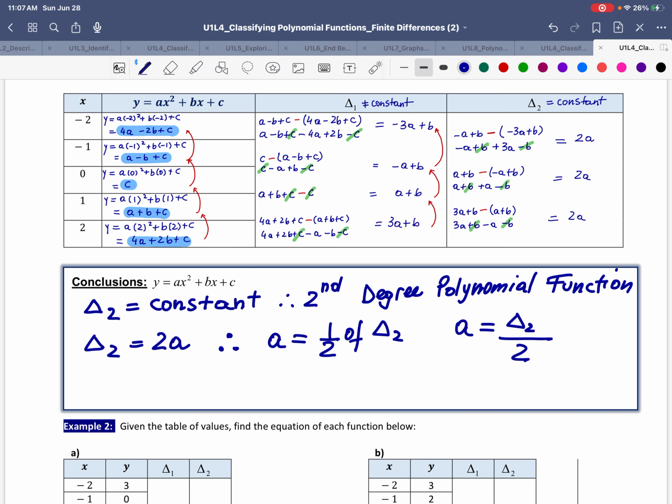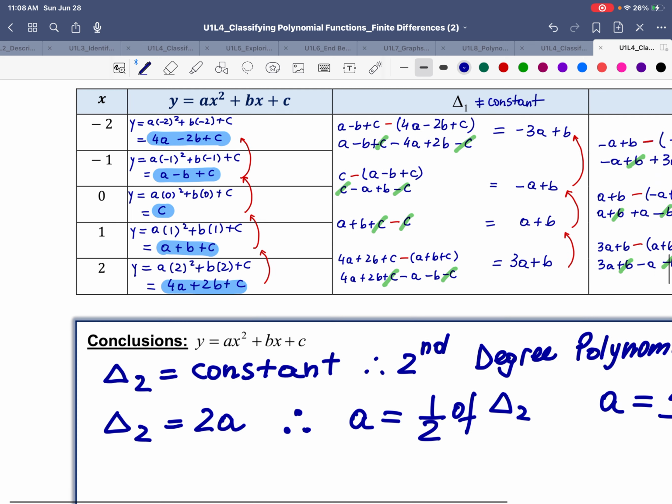Now, in order to find the equation of a quadratic function, we're going to need to know the coefficients b and c as well. So we need a way to discover some patterns between differences or the numbers in these tables to determine the values of the coefficients b and c. Now, as you can see here in the table of values, c is sitting on its own as the value of y when x equals 0.